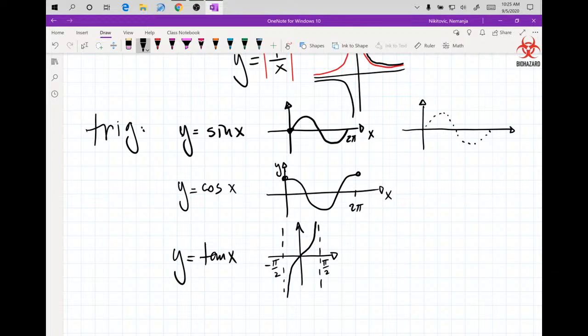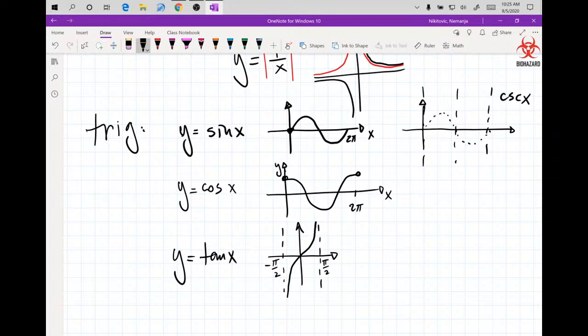And everywhere where sine hits the x-axis, we are going to put the vertical asymptote. Remember, cosecant x is 1 divided by sine. So when sine is 0, you have infinity. That's why you have an asymptote there.